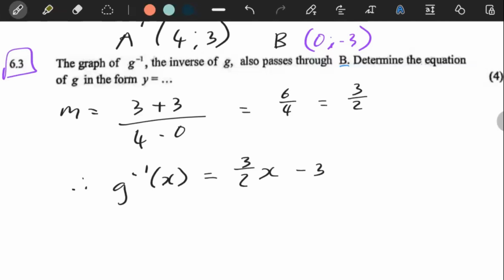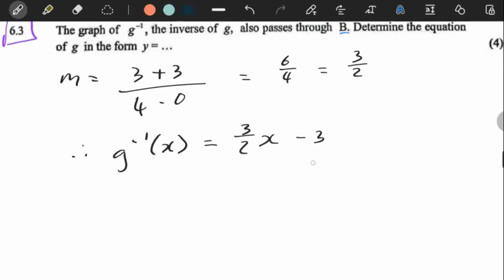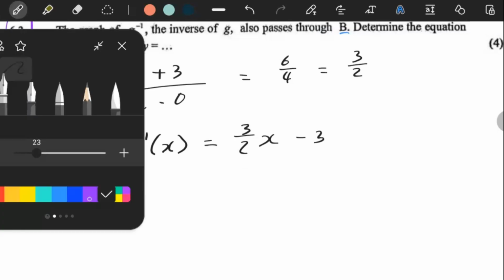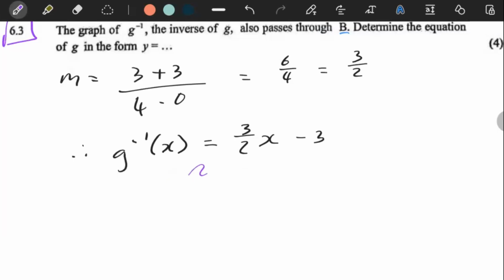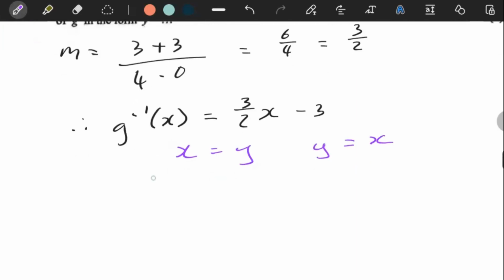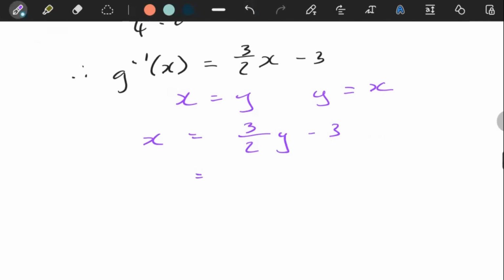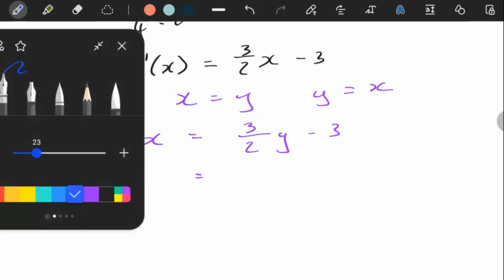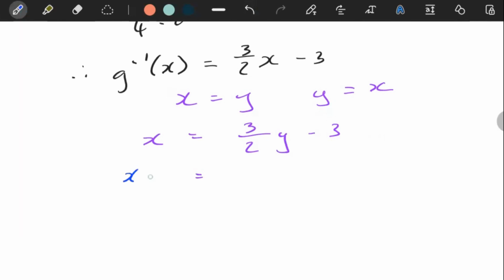Fine. So obviously, if you get the inverse of this, you get the equation of G. So here we swap x and y, we have x equal to 3 over 2 y minus 3. And then you can take the 3 to the other side, right? x plus 3 equals 3 over 2 y.